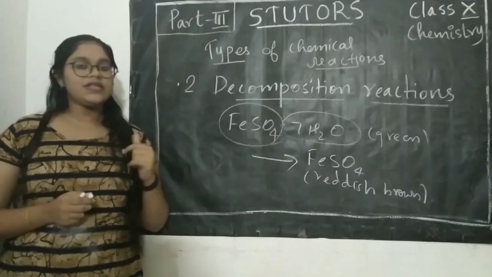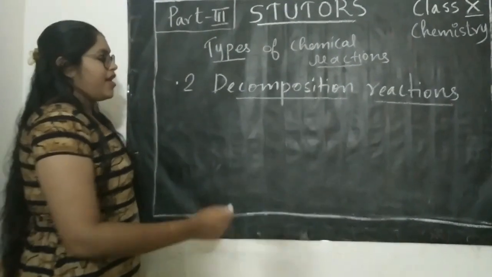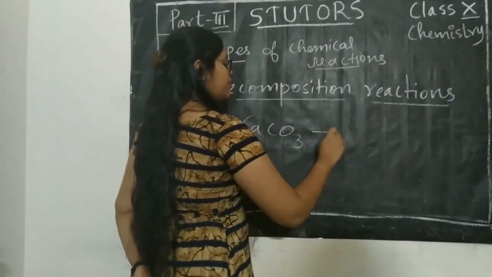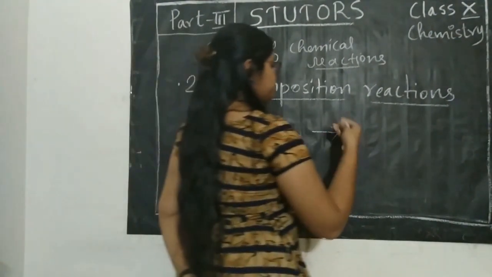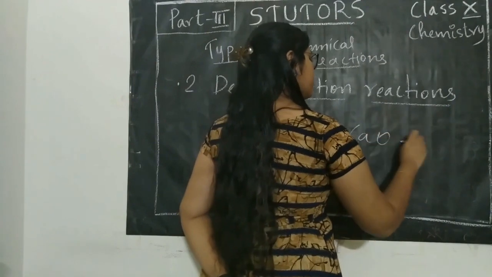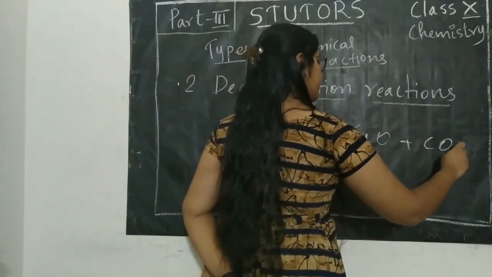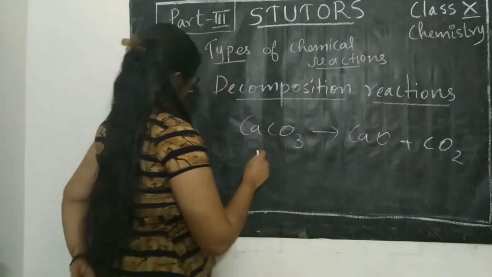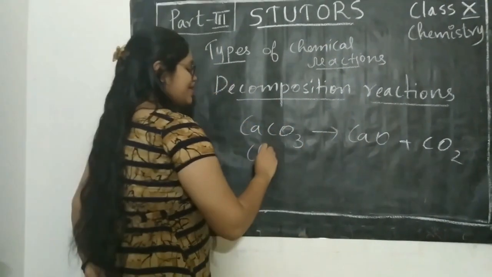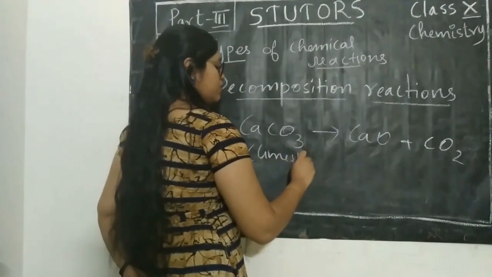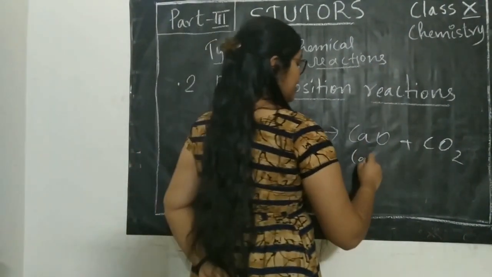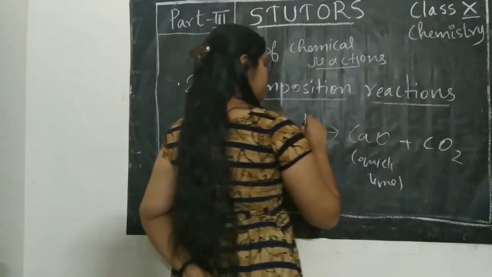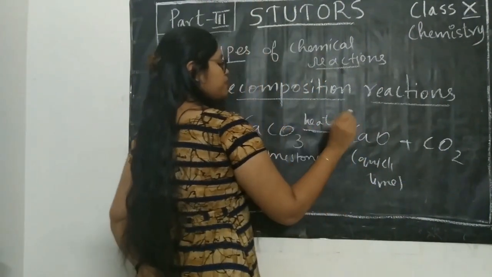Now, we will discuss some more examples. Another example of decomposition reaction is the decomposition of calcium carbonate. Calcium carbonate is also known as limestone. On heating it gives quicklime.